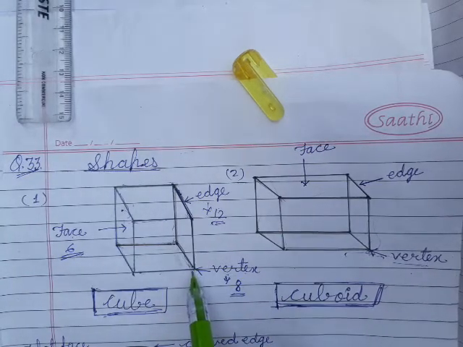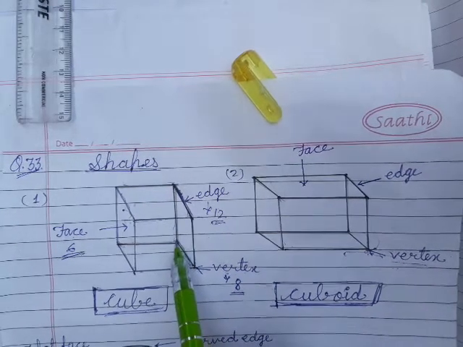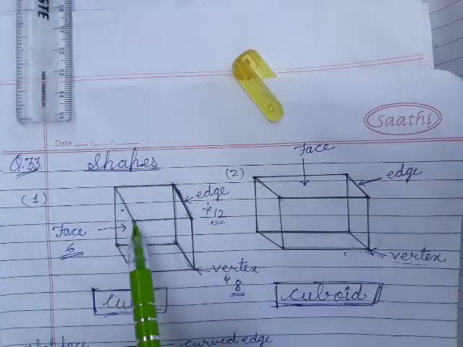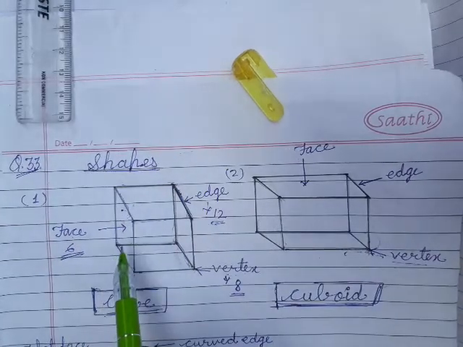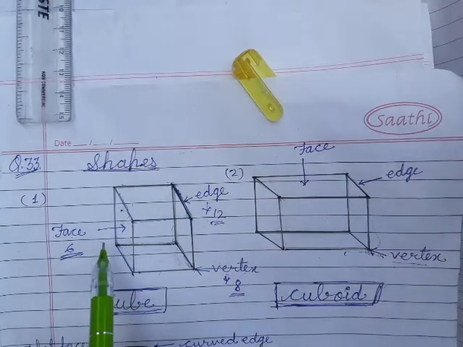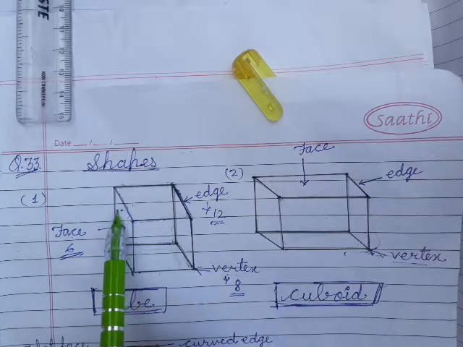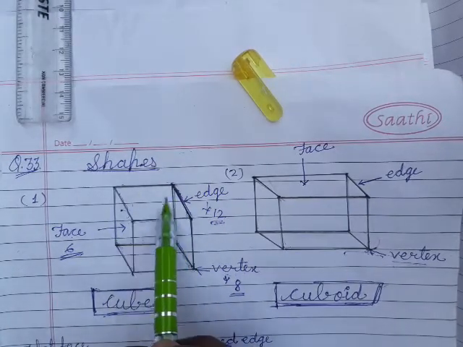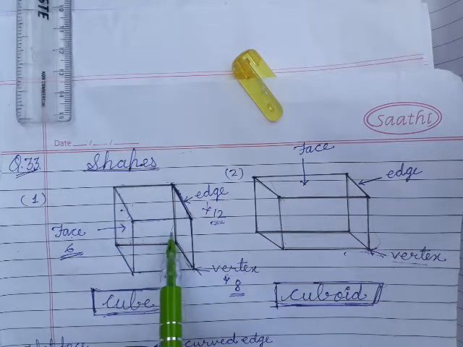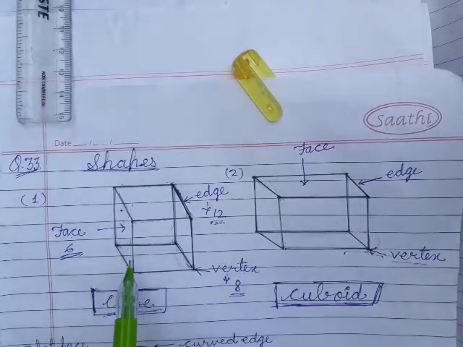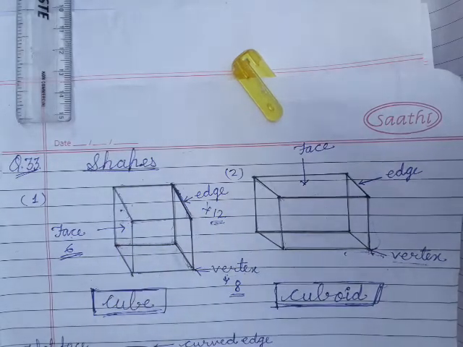Now vertex, 8 vertices, 1, 2, 3, 4, 5, 6, 7 and 8. Now let's see faces. 1 face, 2 face, 3 and bottom 4, front 5 and just opposite 6. It's 6 faces of the cube.